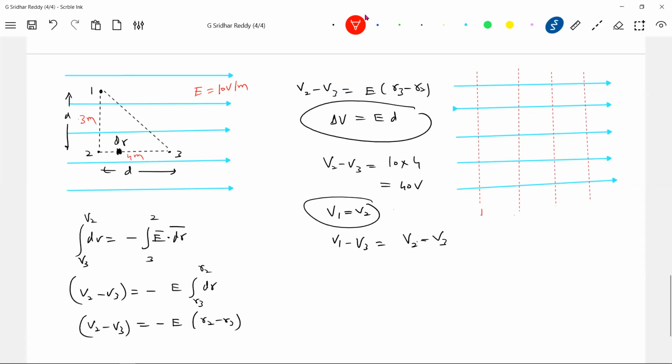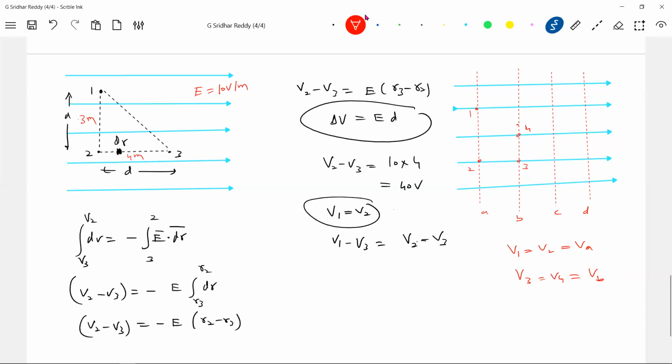So if this is point 1, A, B, C, D, all these points are at the same potential. Means 1 and 2 will be at the same potential. V1 equal to V2 equal to VA. So let me take point 4. Potential at 3 equal to 4 equal to VB.